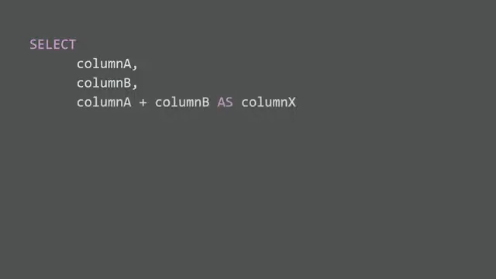So if you want to add values from two columns of a table, you start with the select command, followed by the name of your first column, then the name of your second column. Then you'd add the names of both columns with a plus sign between them. After that, you'd type as, followed by the name you'd like to give the column with the added totals. Finally, you complete your query by typing from and then the name of the table that you're pulling the data from.